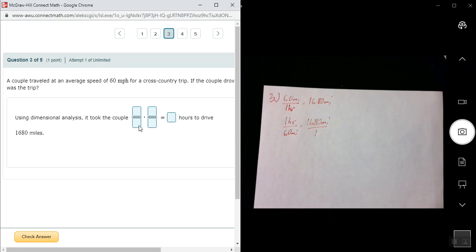Now it tells us here to use dimensional analysis. Now we have to type in what we have here. So it'll be 1 over 60, and then times 1,680 all over 1.